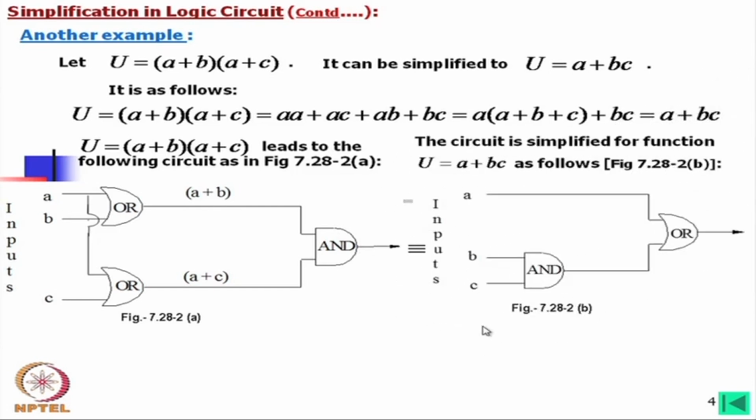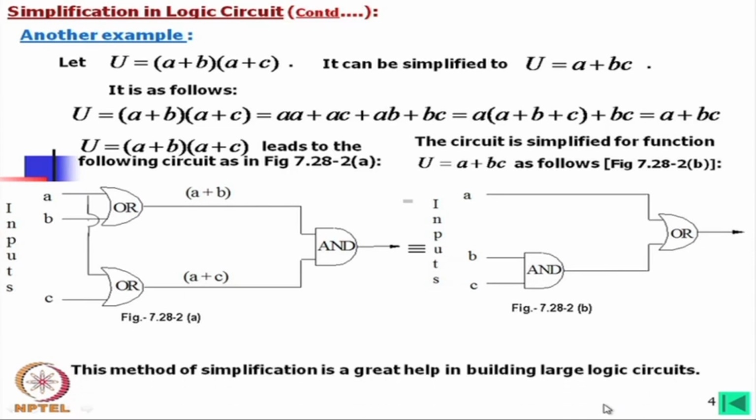This must be equivalent to this here: B and C through an AND gate and A through an OR gate. Simply, the output of this function will be the same. This method of simplification is a great help in building large logic circuits.